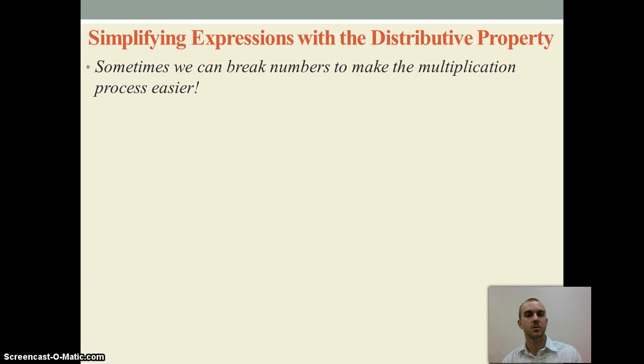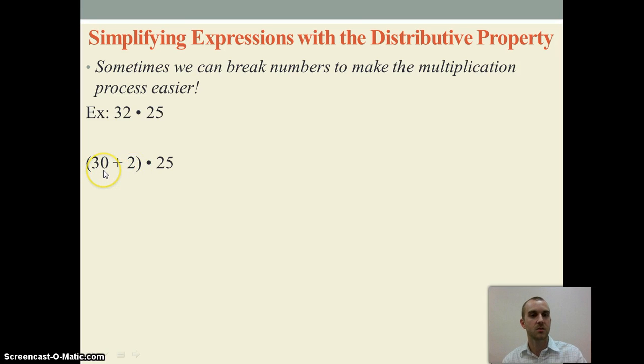Now I can use this to help us simplify expressions that may be a little bit more complex that I don't know the large multiplication for. For example, say I have 32 times 25. That's kind of hard to work on top of my head, especially for young students. But what I could do is split this into 2 values that are a little bit easier. Instead of dealing with 32, I could deal with the quantity 30 plus 2.